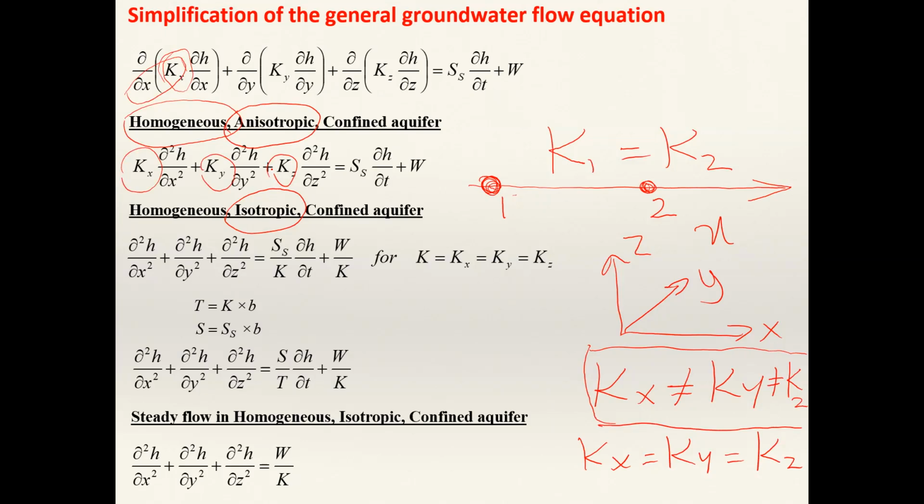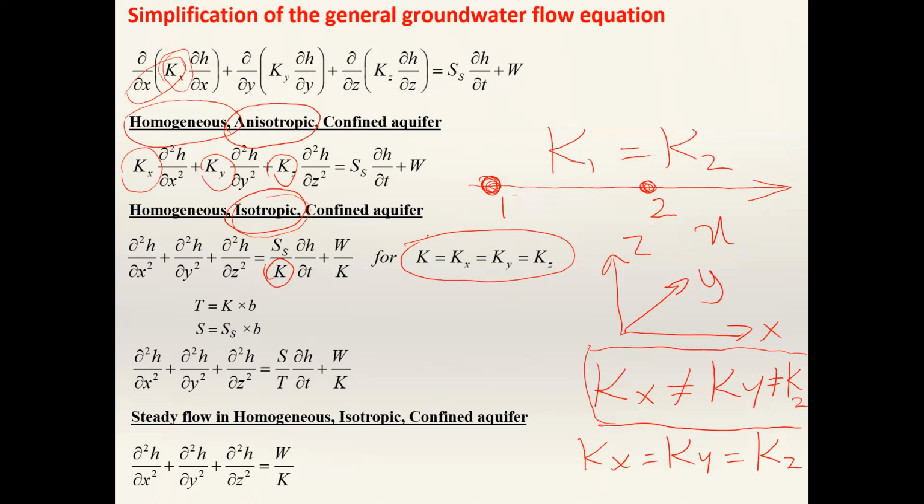That is the simplification for the homogeneous aquifer. Then, if you can say it is isotropic, in that case, Kx is equal to Ky, which is equal to Kz, which you can write as a common parameter, K. Right? That is how you simplify it for the homogeneous and isotropic case.